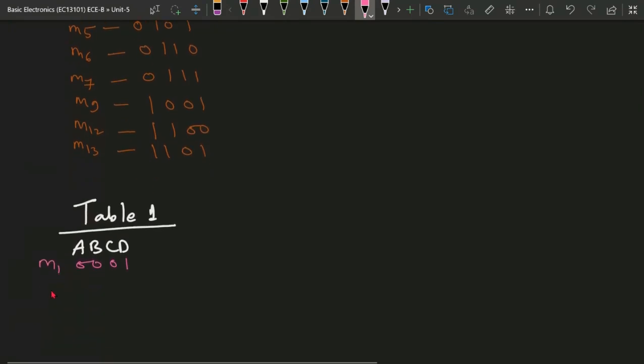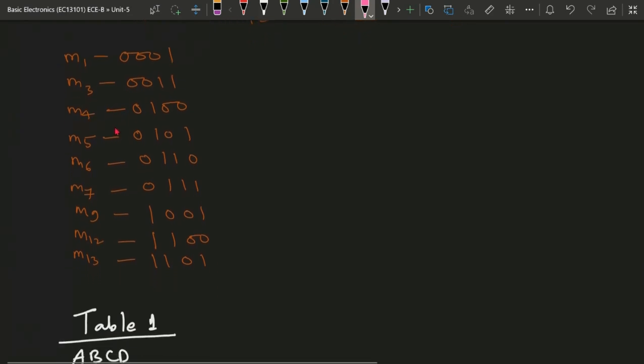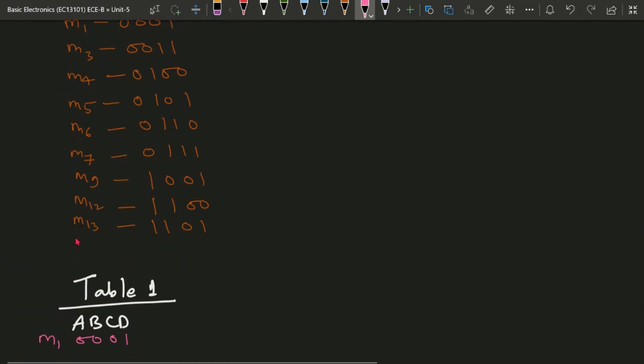Now M3. Sorry, M3 is not there. M3 is 0011, so M3 will not be coming under the number of ones being 1. It is 2 there. So the number of ones is 1 in M4. So we will be grouping it.